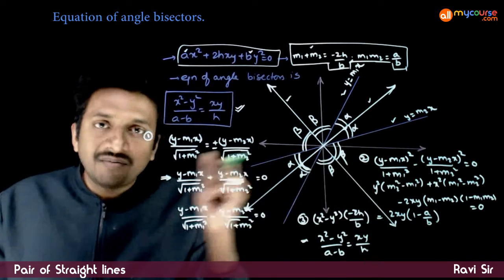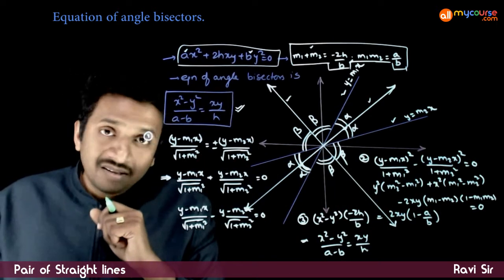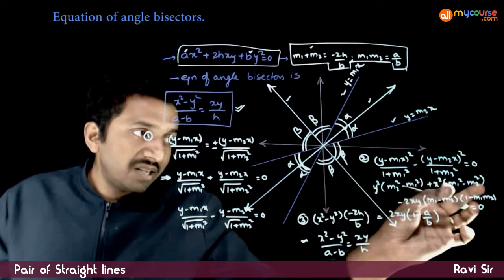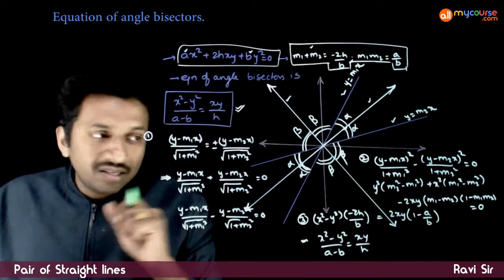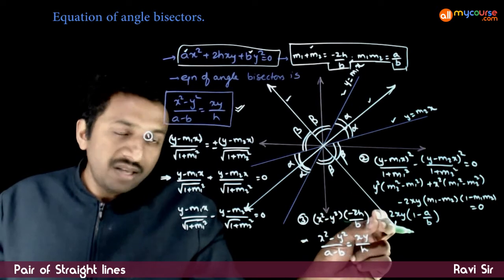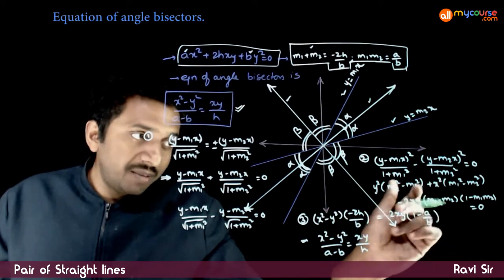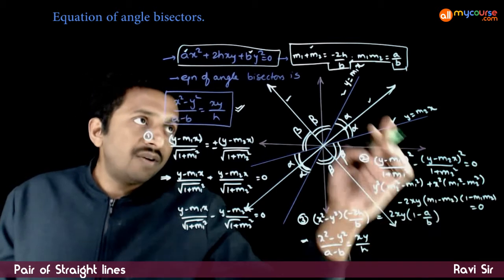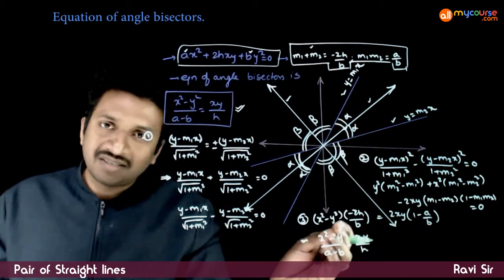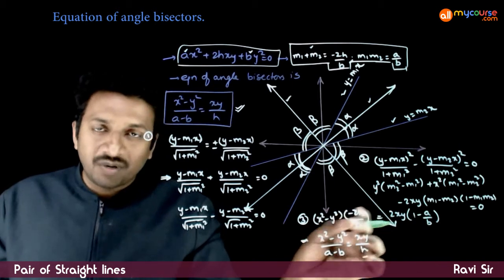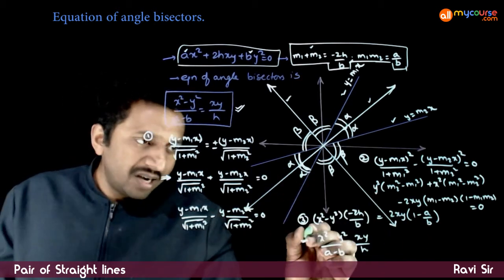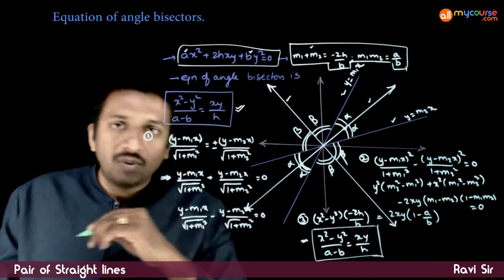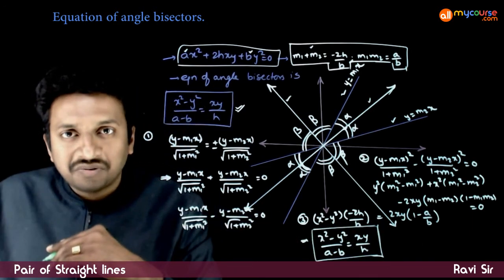So if you cancel that m1 minus m2, the remaining is (x square minus y square) times (m1 plus m2) is equal to 2xy times (1 minus m1 m2). m1 plus m2 is minus 2h by b, and 1 minus m1 m2 is a minus b by b. If you simplify this expression by taking LCM, you get x square minus y square by a minus b is equal to xy by h.